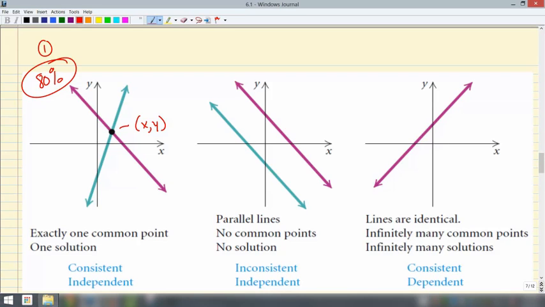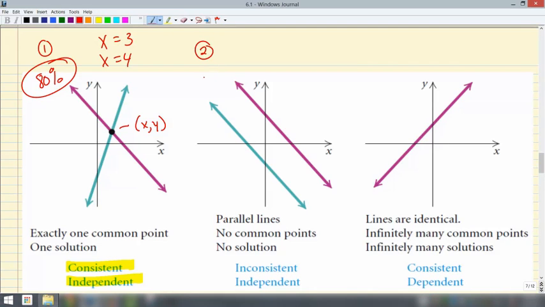And you're going to do either substitution or elimination. You're going to get an answer like x equals 3 and y equals 4. This type of system is called consistent and independent because it has exactly one point that is common between the two of them. It has one solution.